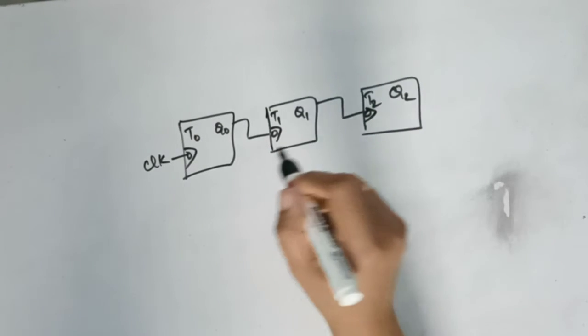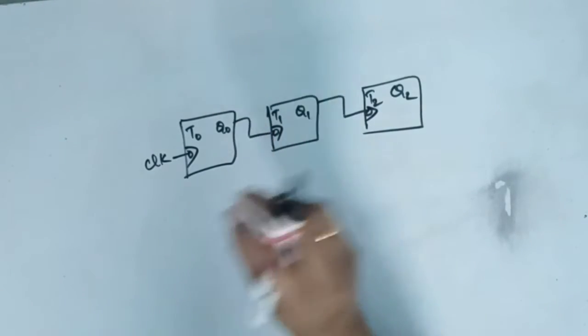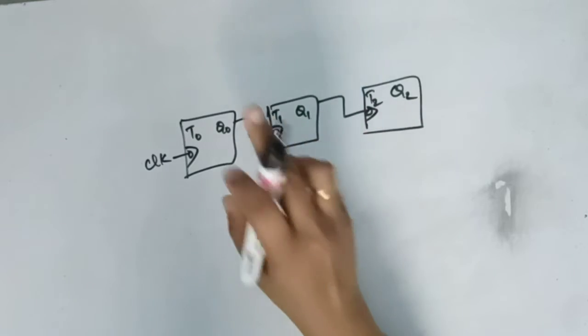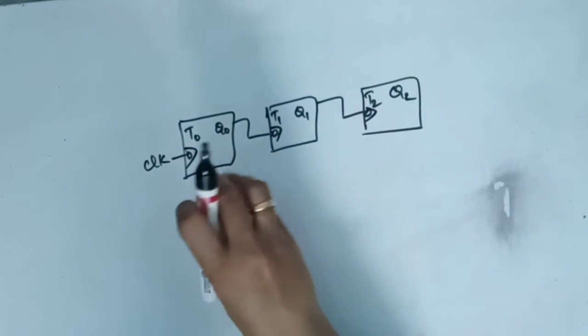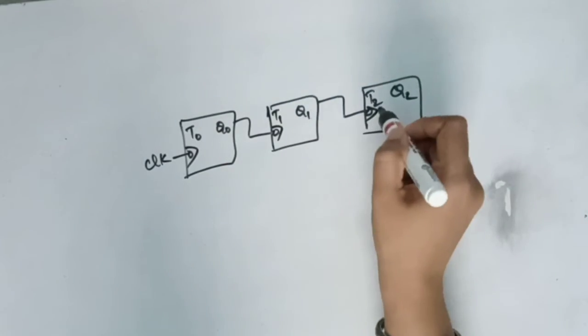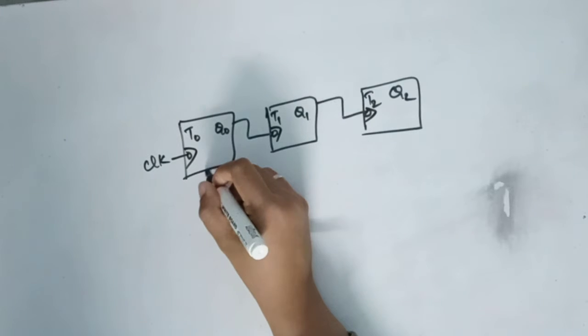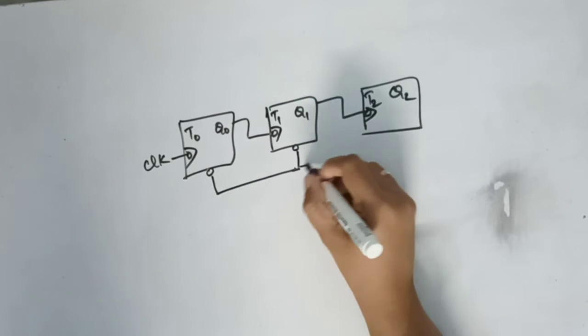This was my up counter. I told that the initial state before any clock is given is 0 0 0. So how do you ensure that you have 0 0 0 at Q2, Q1 and Q0? That is using the clear. So you have a clear input to all the flip-flops.